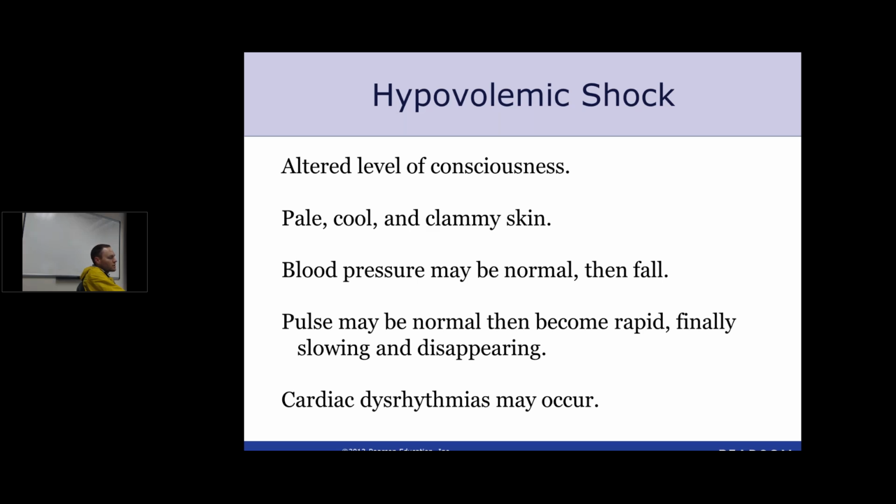And the pulse initially can be normal, and then it'll spike when it does start to fail, and the heart's trying to make up for that volume. Because there's not an initial problem with the heart, it's trying to do all it can, the heart doesn't necessarily fail, but as all of those demands sneak up on them, it'll go into different cardiac arrhythmias. These patients oftentimes go into VFib.